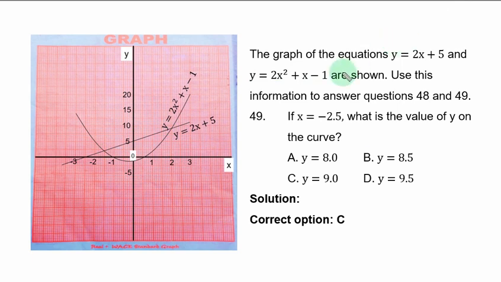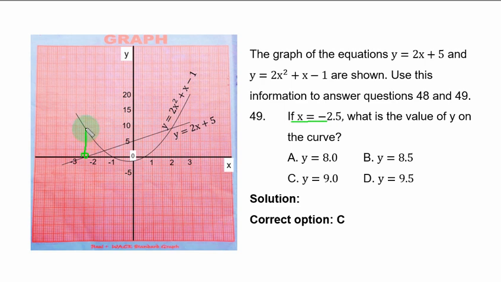Question 49. If s is equal to minus 2.5, what is the value of y on the curve? You simply locate minus 2.5, that is this point, and you trace it to meet the curve.